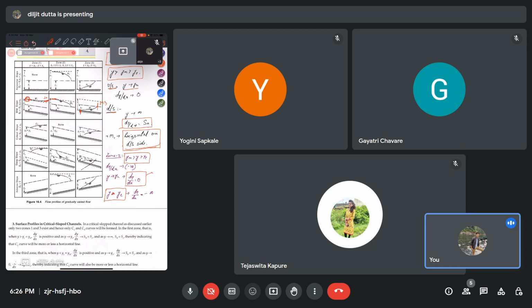So dy by dx will tend to minus infinity, so approximately perpendicular to the critical depth line. So this is the M2 profile. So this is how we can see the surface profiles, that is M1, M2, M3.